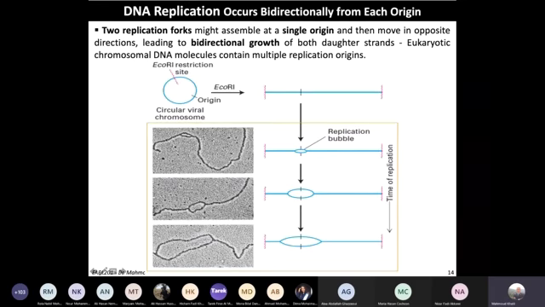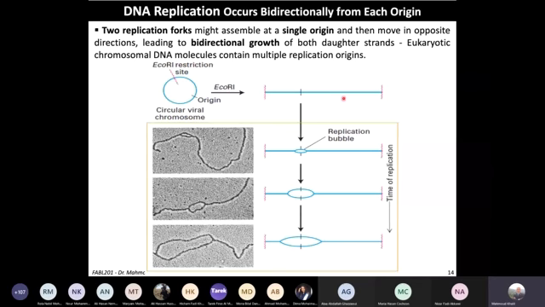So you can see here, for example, this is a circular DNA. When it is cut with a restriction enzyme called EcoR1, this enzyme converts the circular DNA into linear DNA, as you can see.